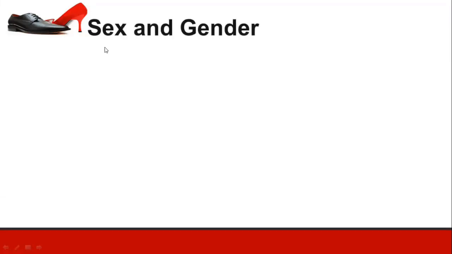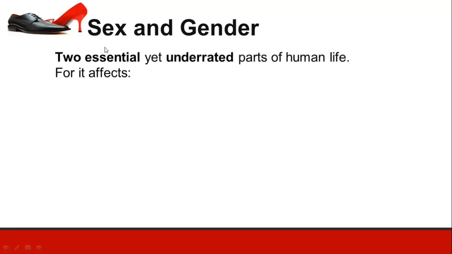Okay, so let's start our discussion. First we have to talk about what is sex and what is gender. These two things are essential, yet they are underrated parts of human life because they might affect our actions.